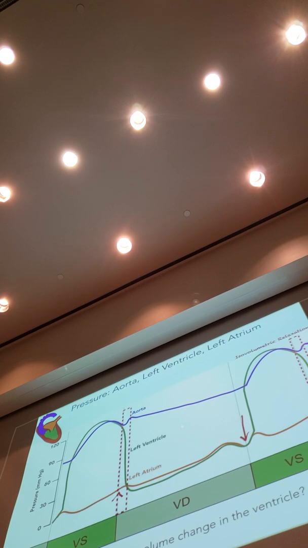Okay, so the atria has finished its systole, right? And the ventricle is now beginning to contract. So the beginning of contraction is what's going to put that ventricular pressure over the pressure of the atrium.